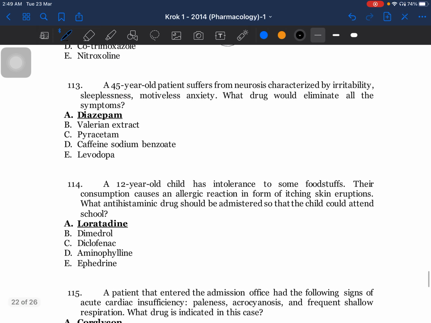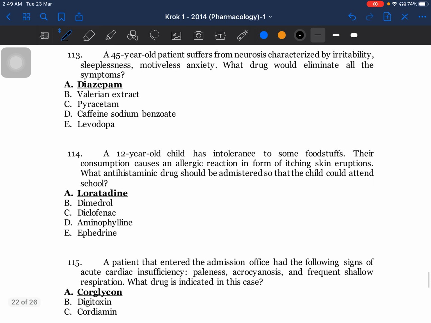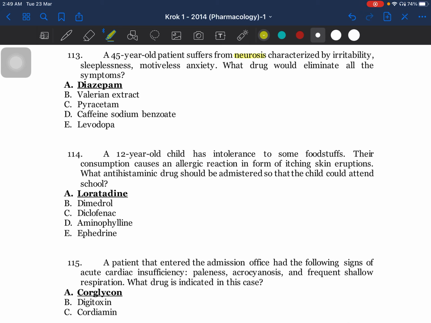Now let's move to the next question. The next question is, a 45-year-old patient suffers from neurosis characterized by irritability, sleepiness, and motiveless anxiety. What drug would eliminate all these symptoms? So, the drug which will eliminate all these symptoms will be benzodiazepines.